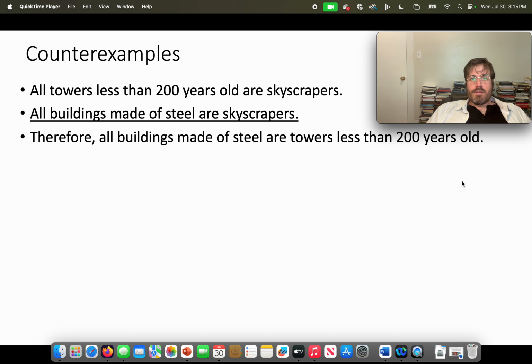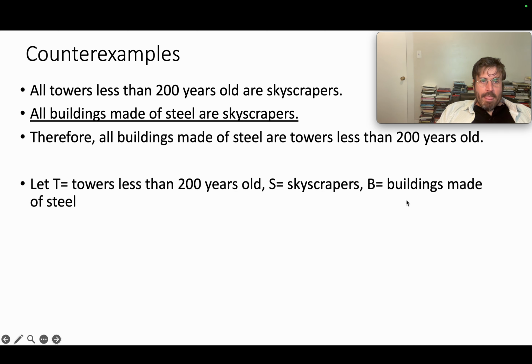Therefore, all buildings made of steel are towers less than 200 years old. This sounds like a solid, valid deductive argument, but we have to submit it to the test of the method to see whether or not that conclusion really is true by necessity.